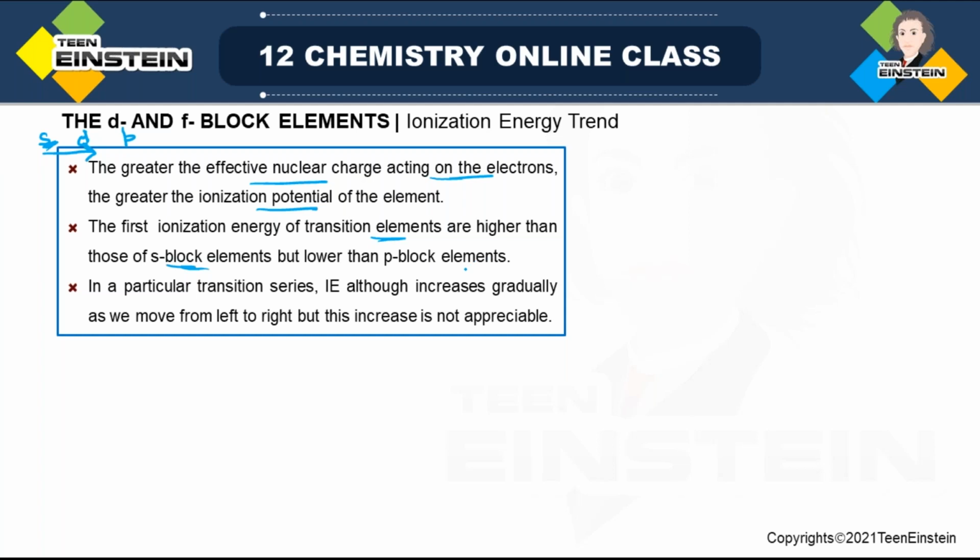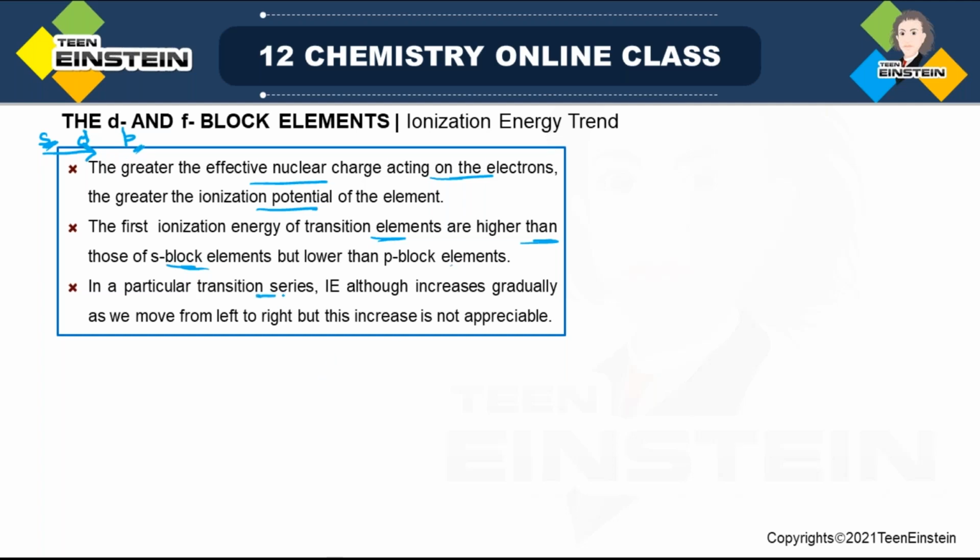So that is mentioned here, the first ionization energy of transition metals is always higher than that of S block elements, but it is lower than P block, and that has to be because P block comes after D. So they are on the right hand side of D block elements. So that is why it will be lower compared to P block.